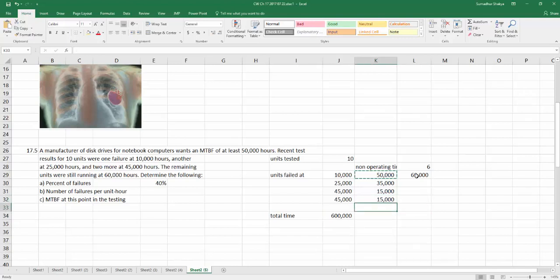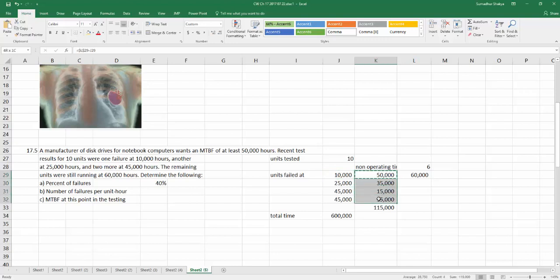But we do know that the non-operating time total for the 4 units that failed is this 115,000, right? So the first one failed at 10,000. So this is the only time it worked. So the total non-operating time is 50,000.